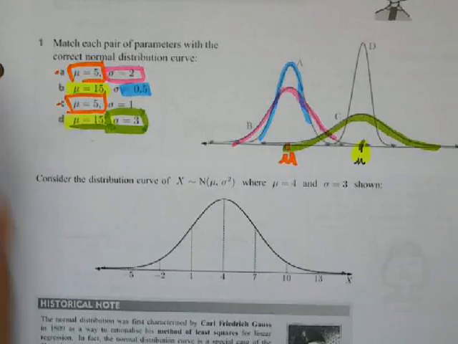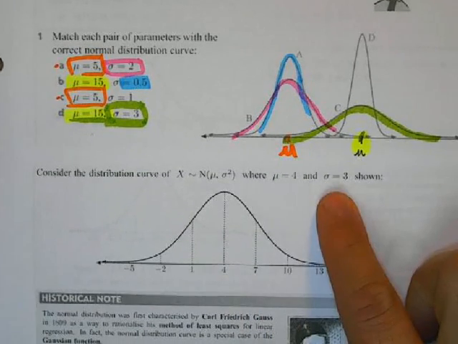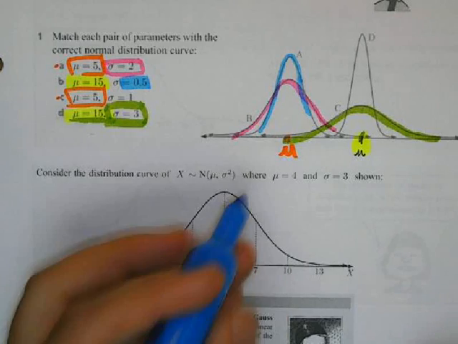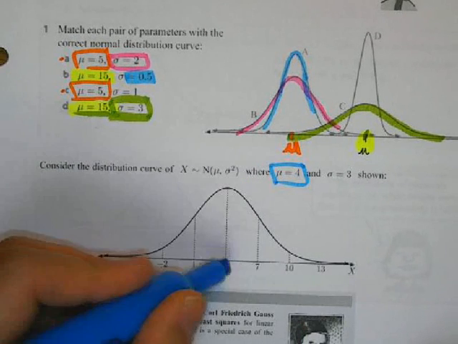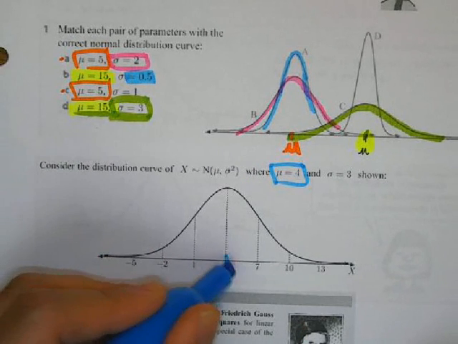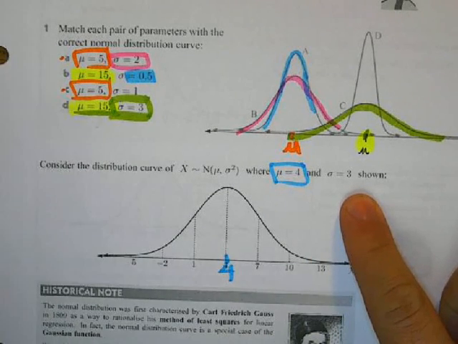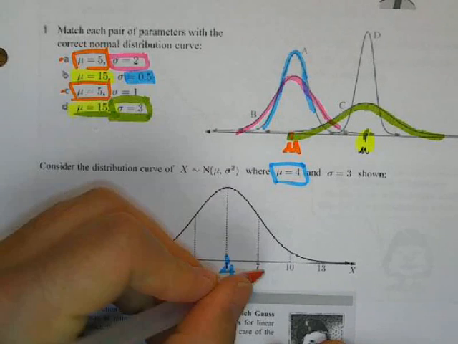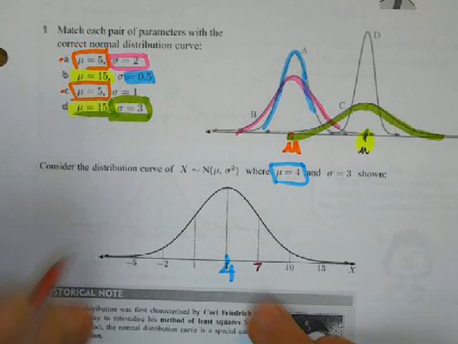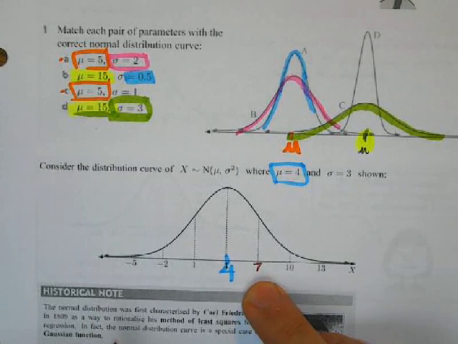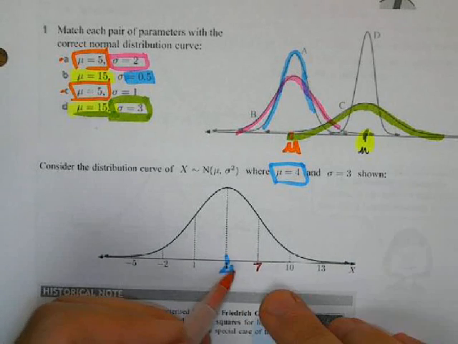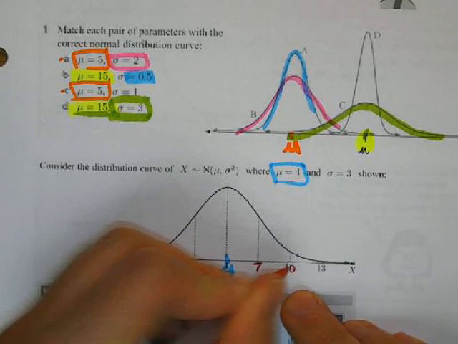And here, they said the mean is at 4, so right here they write the number 4. And if my standard deviation is 3, then if I've gone 1 standard deviation to the right, that's going to be at 7. I'm going to add 3 to get 2 standard deviations.